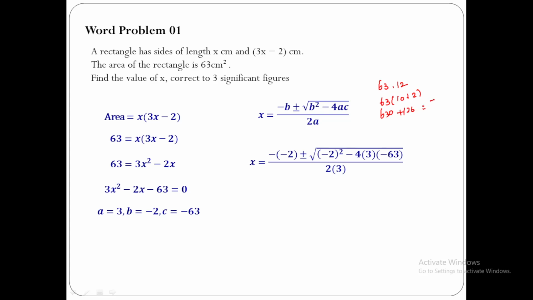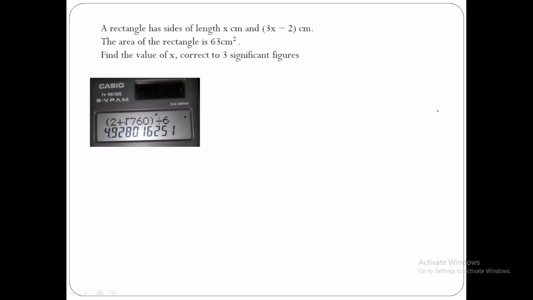So by this way we can find 756. 756 plus 4 is 760. But we can't find the square root of 760 in an easy way. Why? Because it's a big number. We can't find the square root easily. So shall we use the calculator for that?